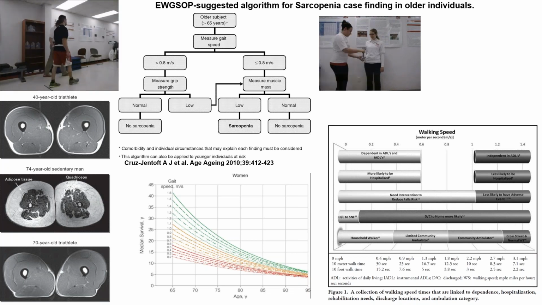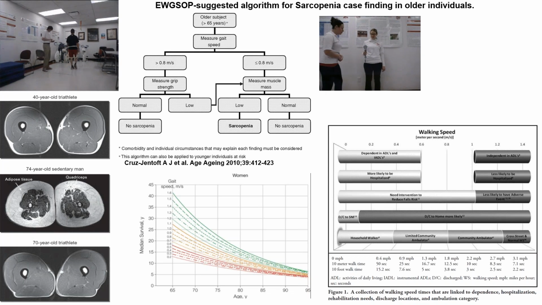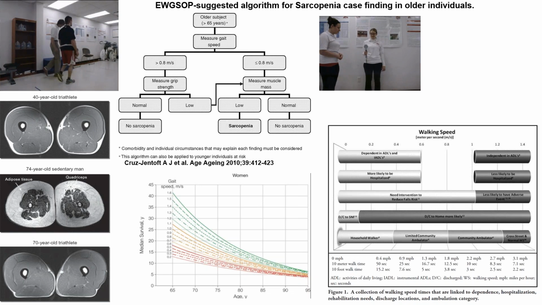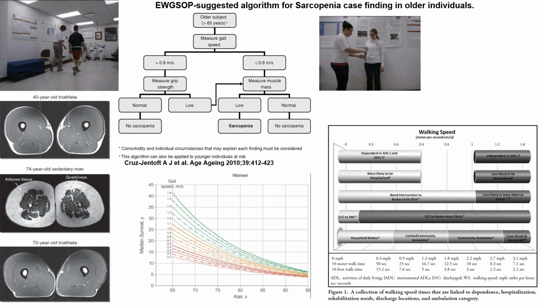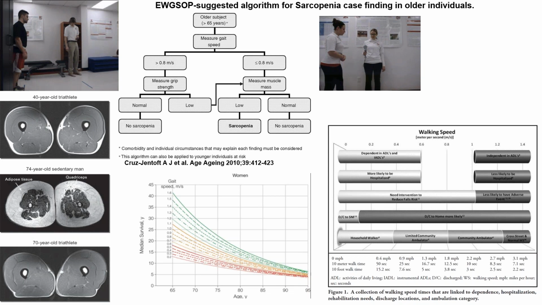Keep in mind again that Carolyn's self-selected gait speed is 0.93. And you'll notice in the middle of the screen the 0.8 meter per second velocity, that's the cusp of whether somebody is or is not at risk of functional decline.